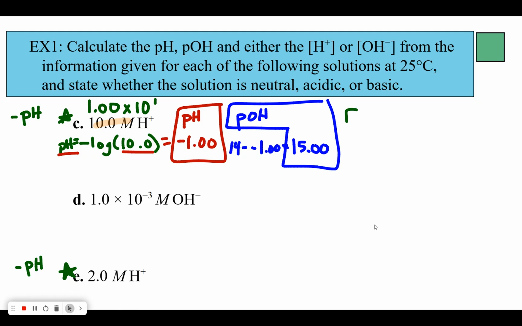And then to find my OH concentration from there, I need to do 10 to the negative of my pOH. So I'm doing 10 to the negative 15.